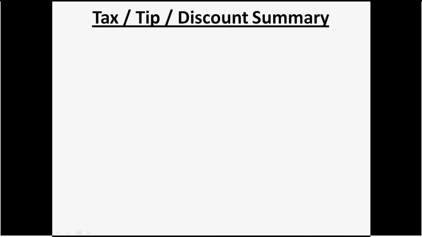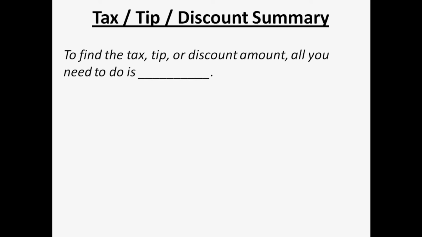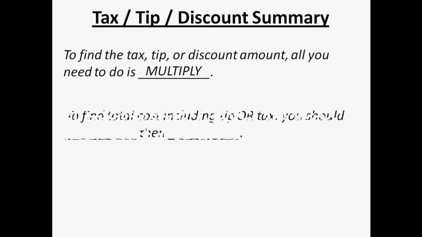So tax, tip, discount summary. To find the tax, tip, or discount amount, all you need to do is multiply. That's when you do your percentage as a decimal and multiply by the cost. If you're finding total cost, including a tip or tax, you're going to need to do that multiplying, and then you're going to add that extra amount to your original cost.